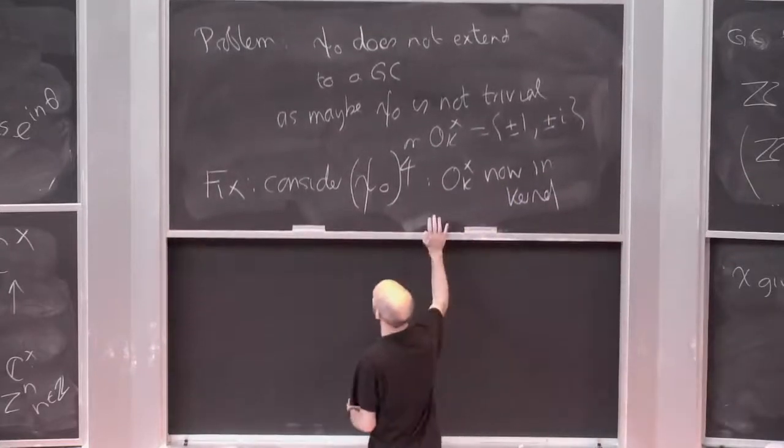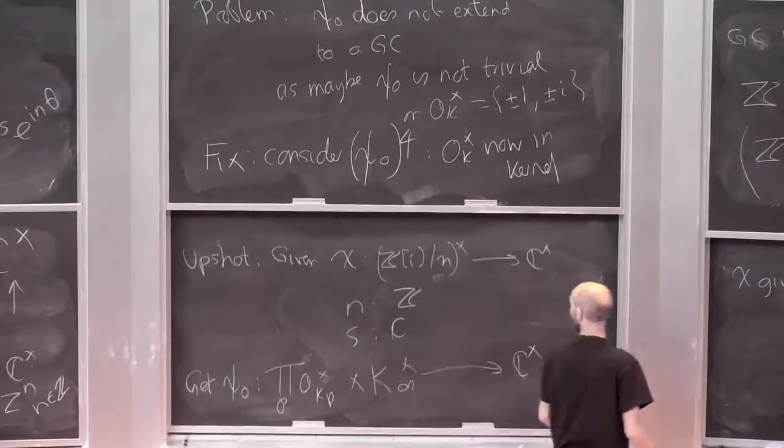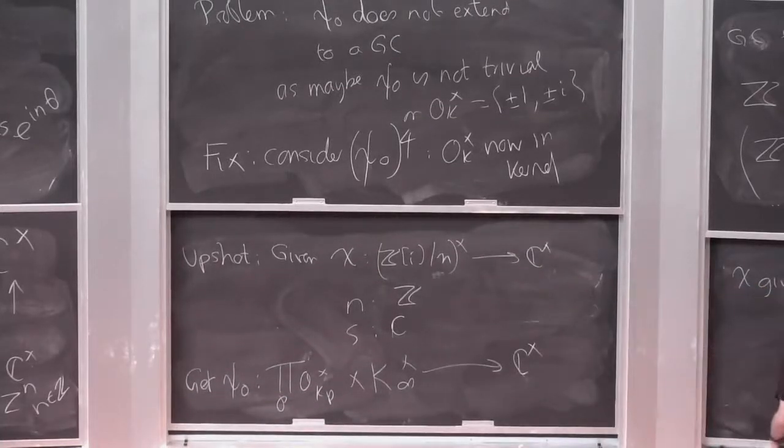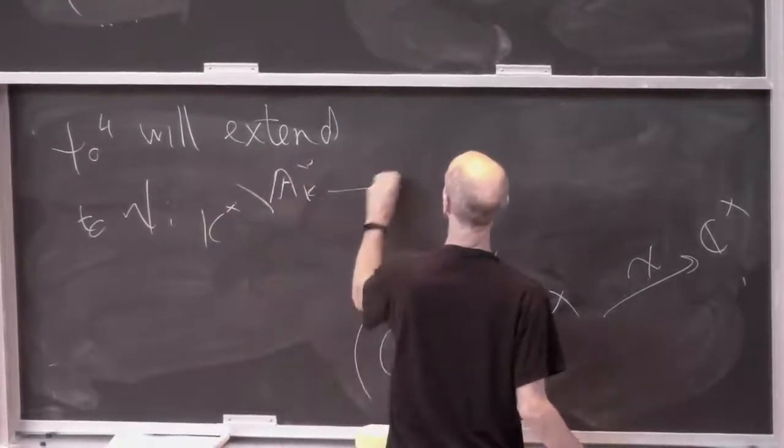And so that extends to a Grössencharacter. Consider psi 0 to the 4. Psi 0 to the power 4 will extend to psi, from K star over A_K star to C star.